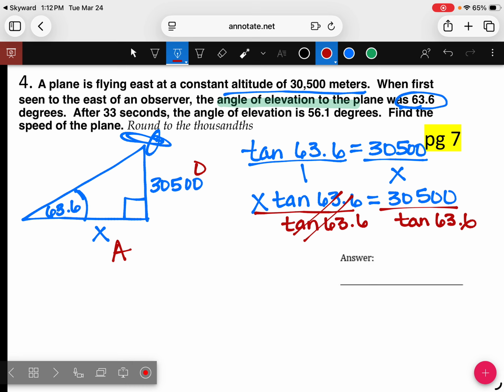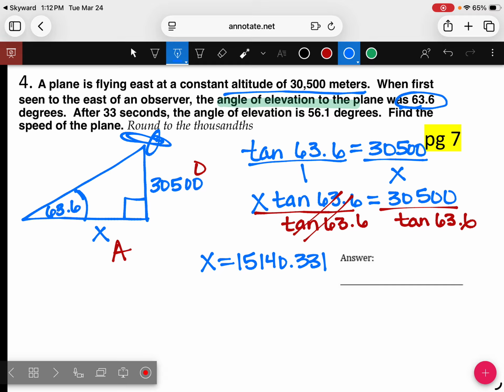So what I got for my very first distance, this is not my answer, but I got x was 15,140.331. Is that what you all got? All right, but then we have a second triangle.